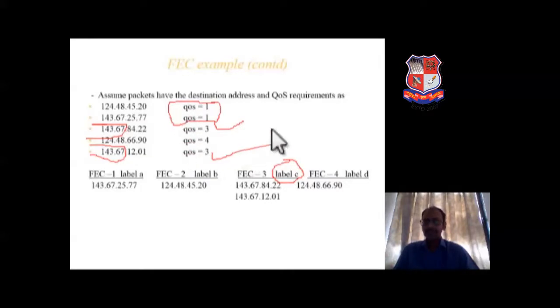Now quality of service parameter is emphasized more than the address prefix. The reason is it clearly depicts that both destination addresses require different types of service. When they require different types of service, it's better to have a different label.